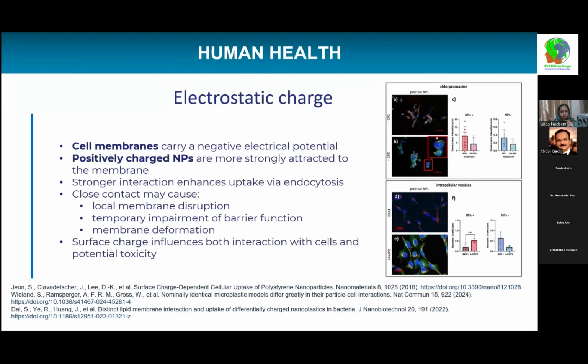Like all life, we depend on precise electrical signals in the brain, in the heart, and in the nerves. These cells work based on micro electrical signals. Charged particles interfere with the processes inside the cells.